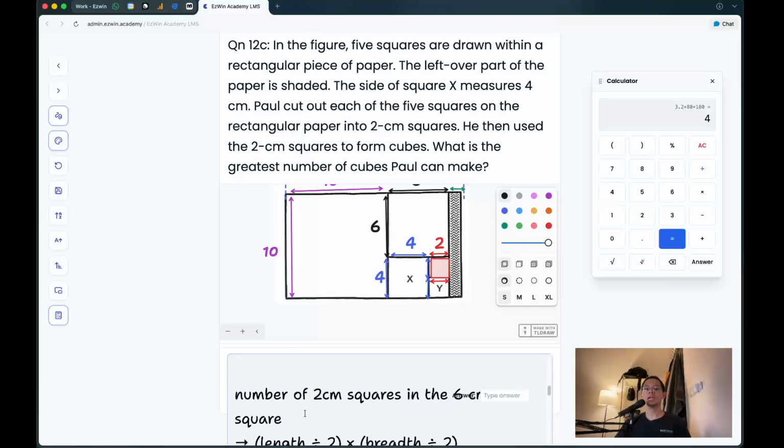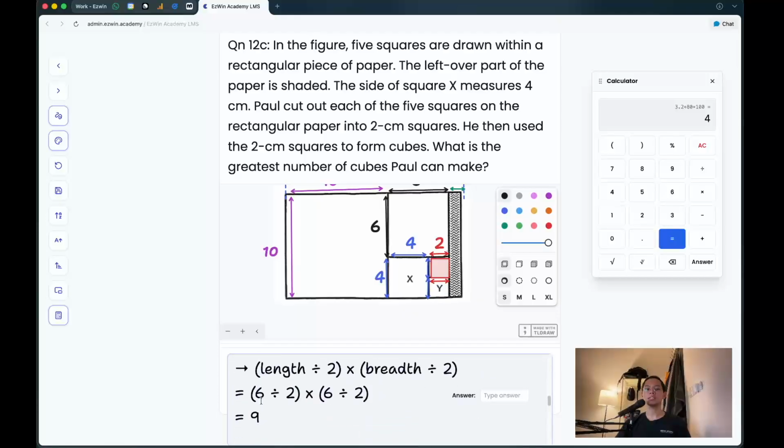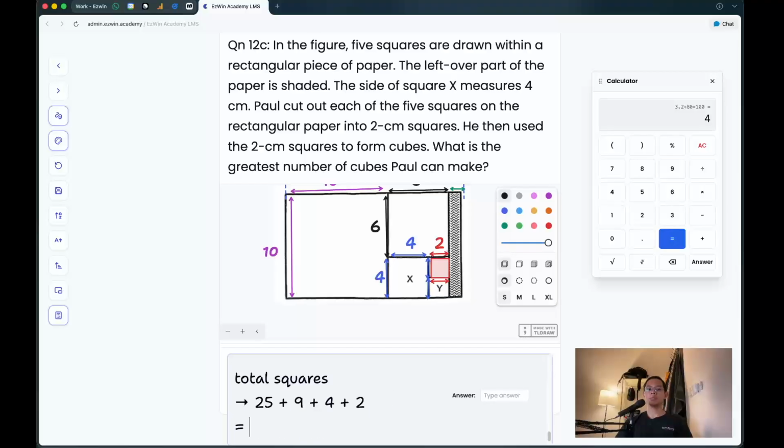Okay, so 9, no, we have the 10. So we have 25 plus 25 plus 9 plus 4 plus 2, if I'm not wrong. Okay, and this will give us, let me use the calculator, 25 plus 9 plus 4 plus 2, 40. Okay, so 1 cube, how many faces?